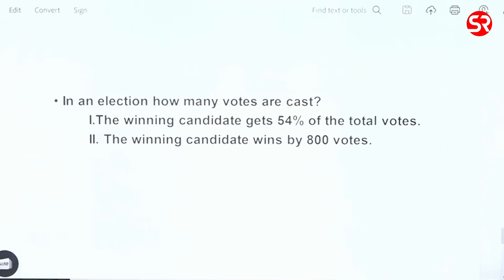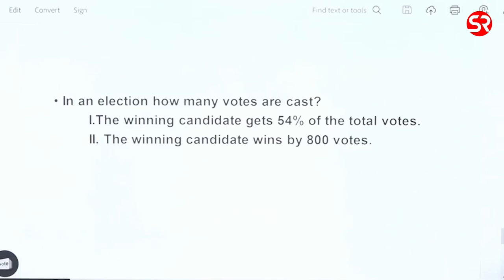How did you say 3? You said the winning person got 54% of votes, so how many did the losing one get? Why? Is it mentioned that there are 2 candidates in the election? The winner got 54% of the votes. What about the loser? How do you say that the loser got 46% of the votes? It is not even mentioned that only 2 people contested in that voting.